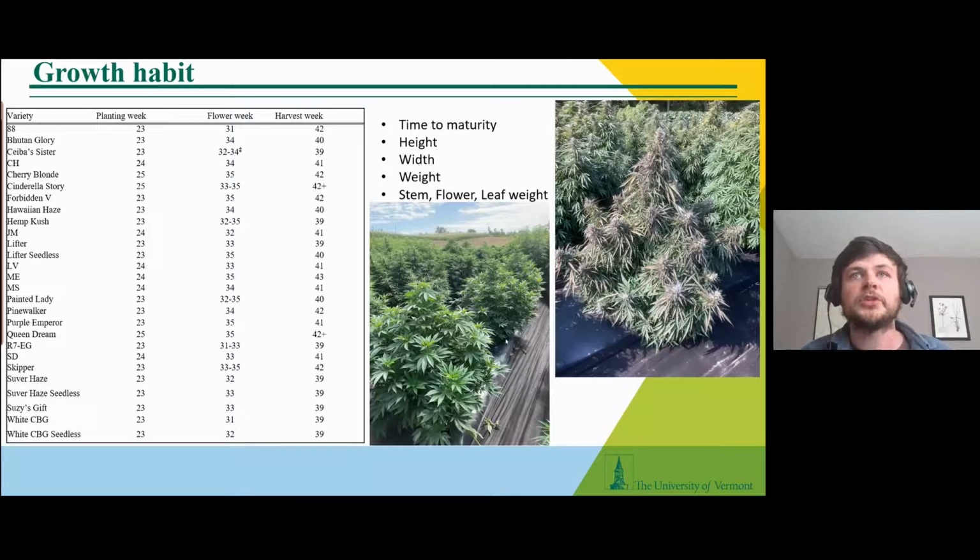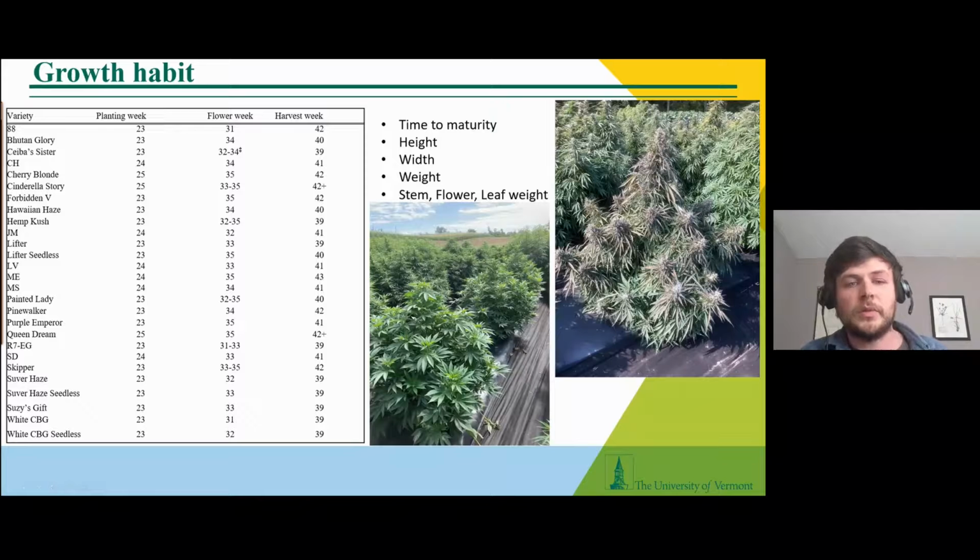And so these two pictures here are looking at two different varieties. This one on the left is showing a few that were grown from clonal propagation, and you can see there's a much more uniform growth habit with those compared to this one on the right, which is these two right here next to each other that are of the same variety.